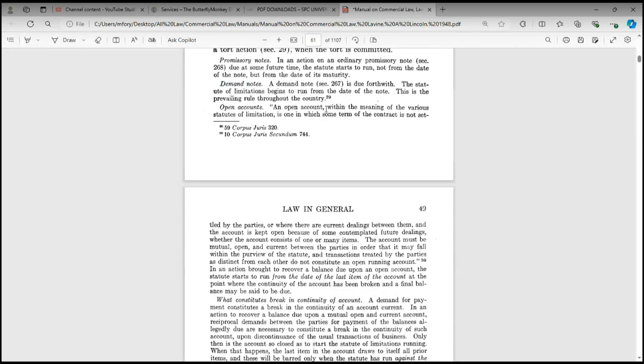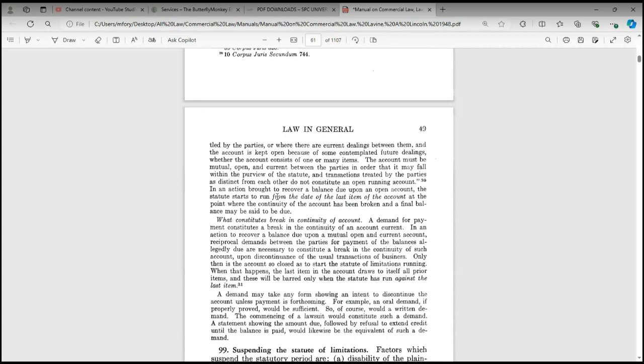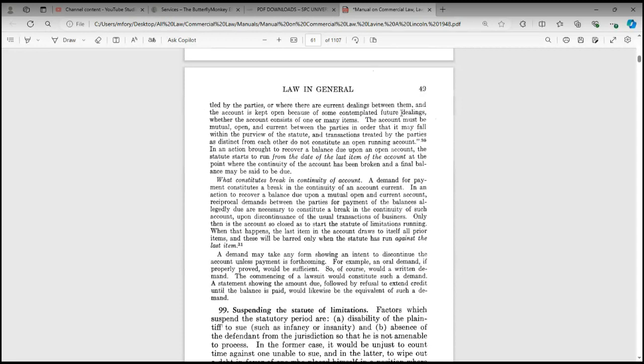Open accounts. An open account within the meaning of the various statutes of limitations is one in which some term of the contract is not settled by the parties, or where there are current dealings between them, and the account is kept open because of some contemplated future dealings, whether the account consists of one or many items.